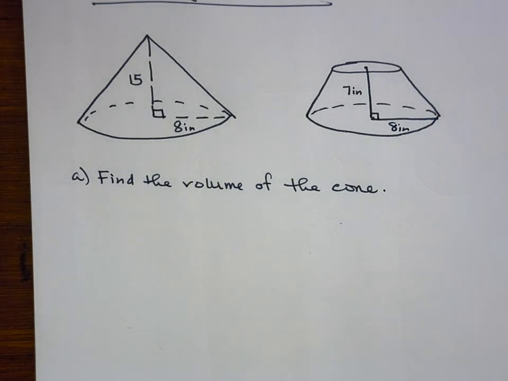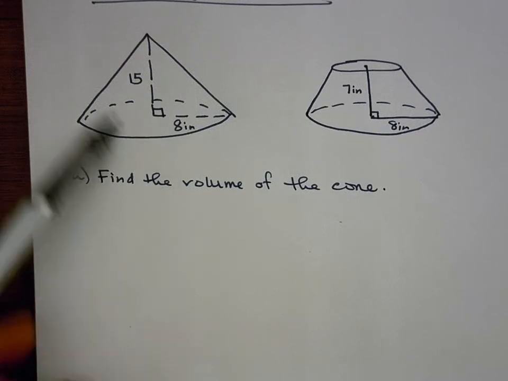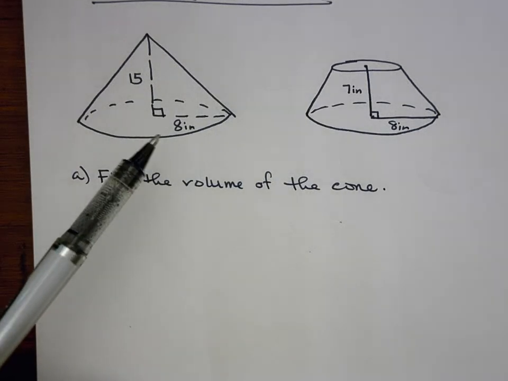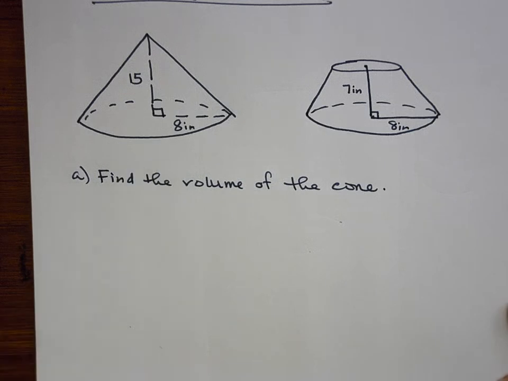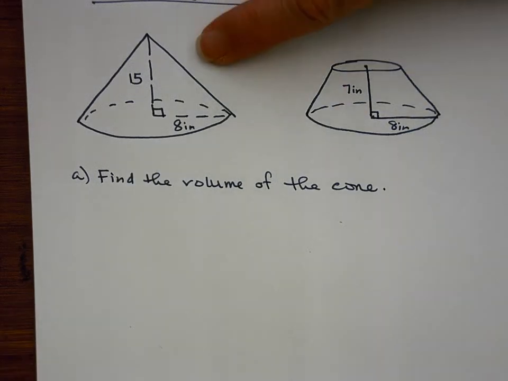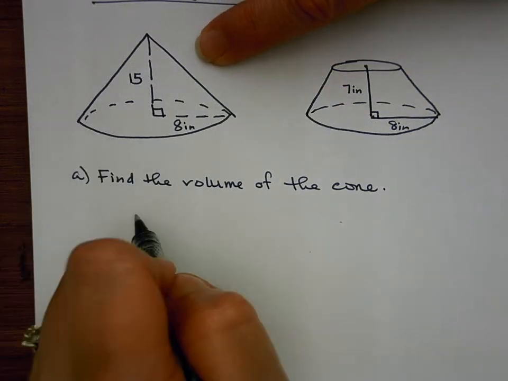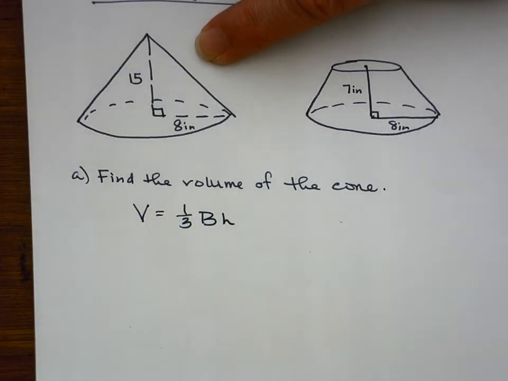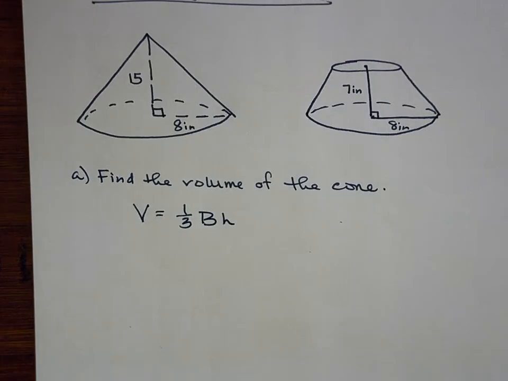Okay, so what we're looking at here is we have that this is just a cone, and so we want to find its volume. So this is very much like our pyramid. So in order to find the volume of this itself, we're going to be using the formula 1/3 area of the base times the height. Okay, so find the volume of the cone. So 1/3 the area of the base times the height.